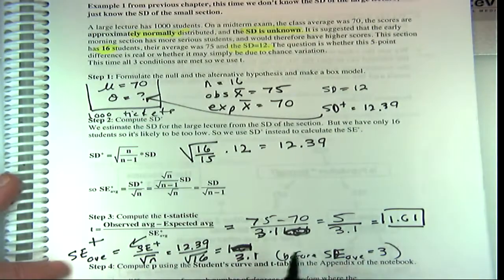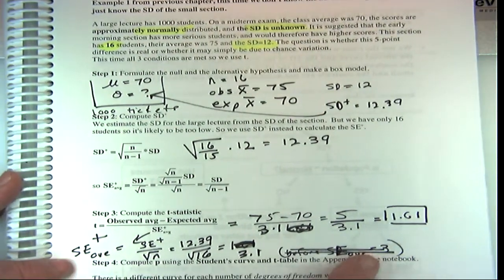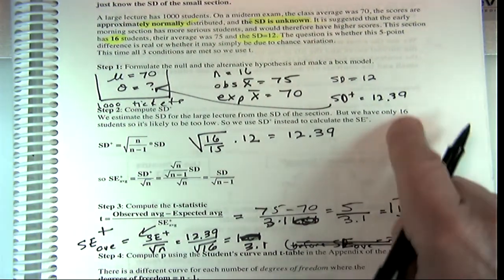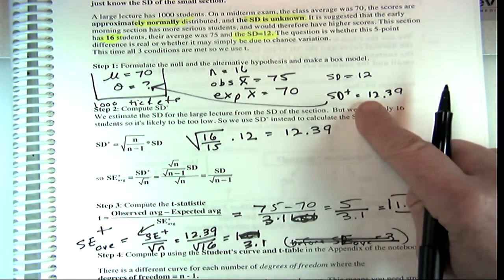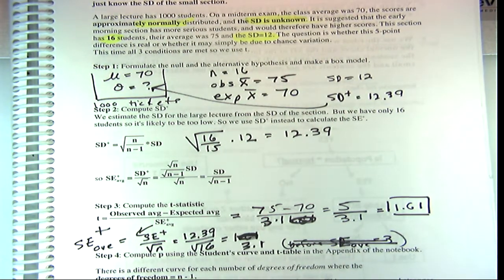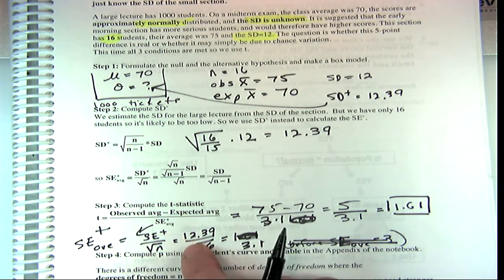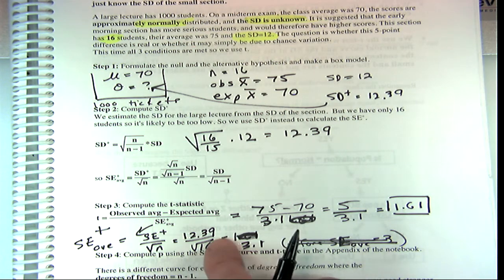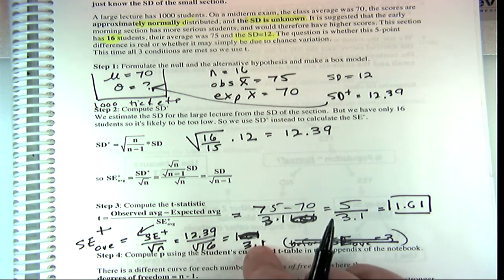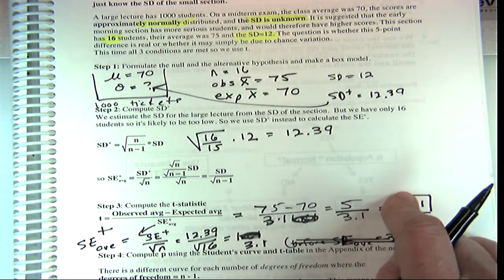I'm just saying if we didn't make the adjustment, that's all. Before, we didn't have 16 down here. We had 36, and that's what made it different. But if we didn't use it, what would be the difference? Instead of 3.1 down here, we'd have a 3. So that doesn't change things that much.